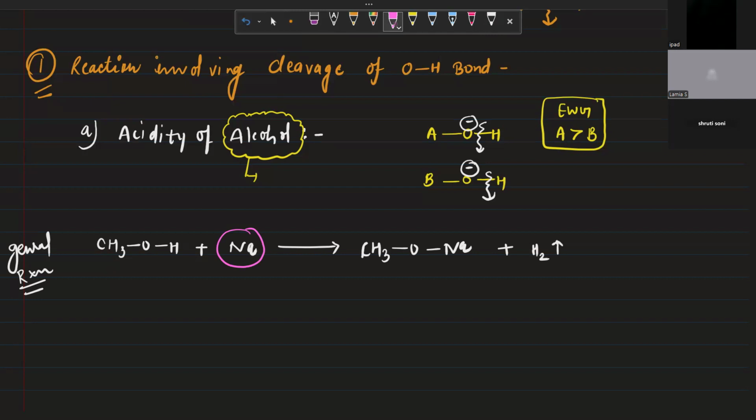Let me check how many outermost electrons Na has.